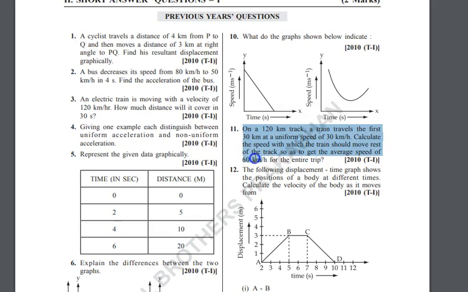Calculate the speed with which the train should move the rest of the track so as to get the average speed of 60 kilometer per hour for the entire trip.